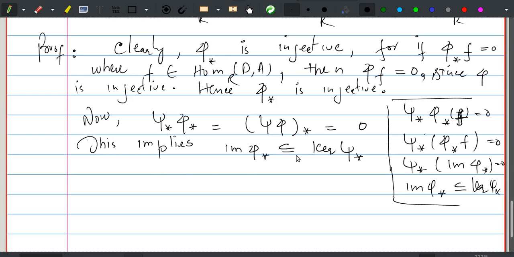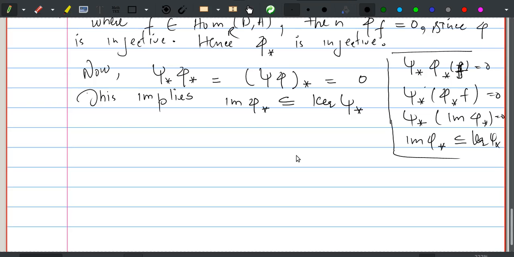Now let us prove the reverse containment. To prove reverse containment, we will choose any element arbitrarily, and we will prove that element is in this set. Now let beta be an element in kernel of psi star.